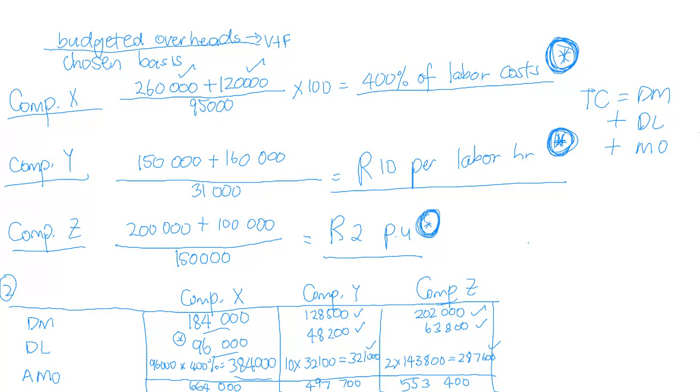So I'm just going to clear this at the top so we have some space, but you're going to use the information from question 2 here to answer this question.